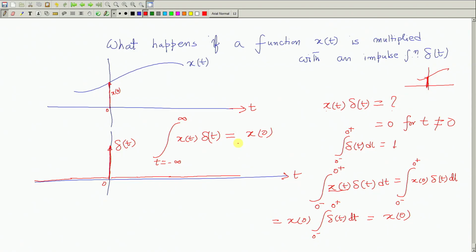Why? Because from minus infinity to 0 minus delta(t) is 0; x(t) may have some values, but that does not matter.